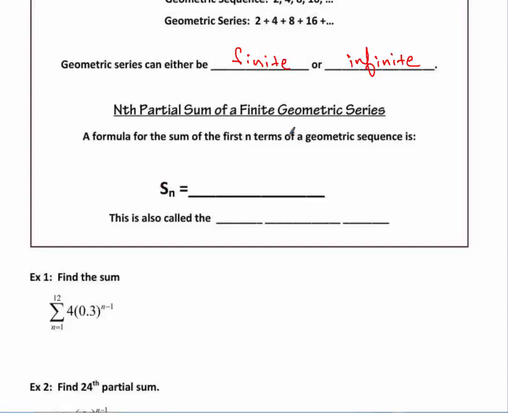So our formula to find the sum of the nth terms of a geometric series is a sub 1 times 1 minus r, common ratio, to the n over 1 minus r. That might seem complicated, but it's really pretty easy. This is also called finding the nth partial sum. So that's how you'll typically see it. The problem will say, find the nth partial sum, find the 30th partial sum.